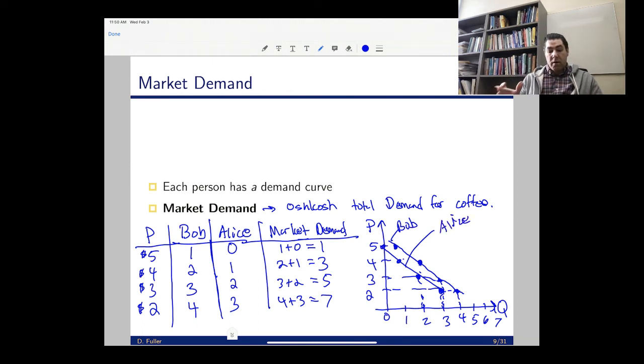The market demand curve just adds all of those up. So the market demand curve at $5 is 1. At $4 it's 1 plus 2, which gives us 3. At $3, it's 2 plus 3, which gives us 5. At $2, it's 3 plus 4, which gives us 7.